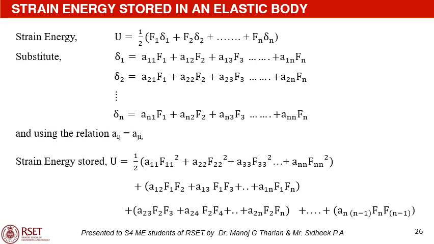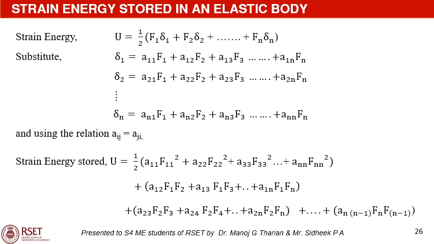Likewise, the corresponding displacement delta n is equal to An1 F1 plus An2 F2 plus An3 F3 plus etc. up to Ann Fn. Also, we will use the reciprocal relation Aij is equal to Aji. That is, A12 equal to A21, A13 equal to A31, and so on.